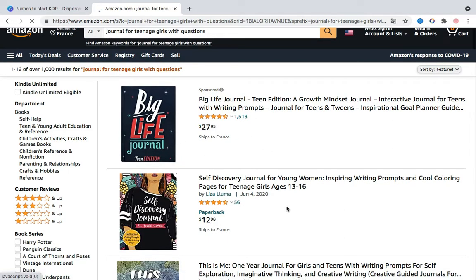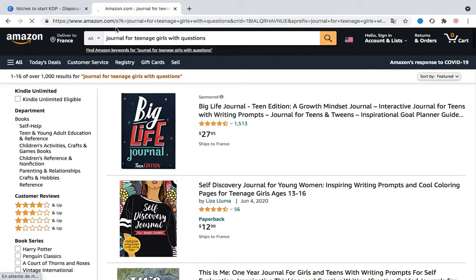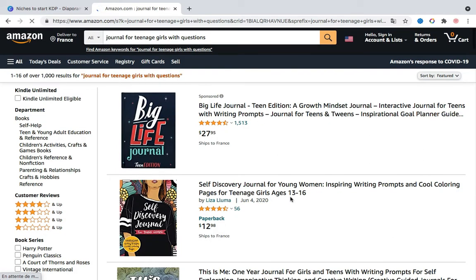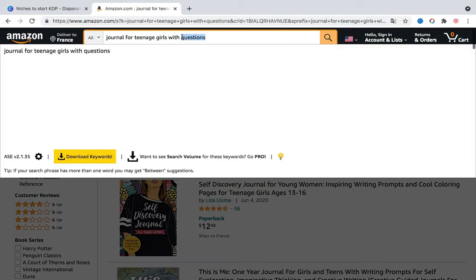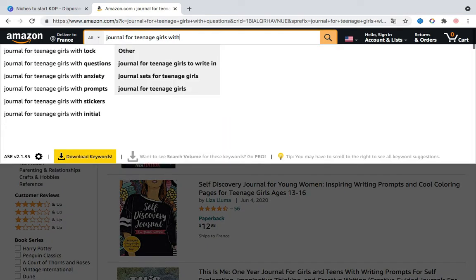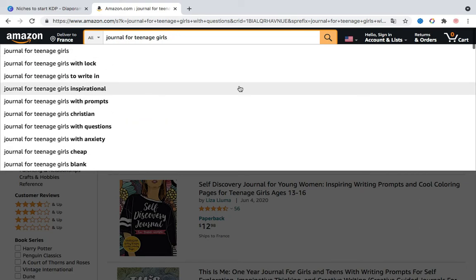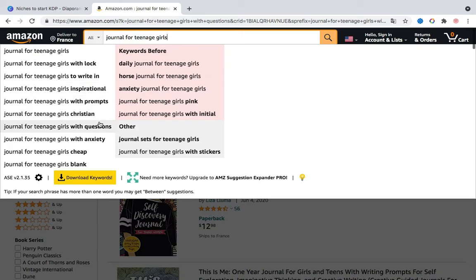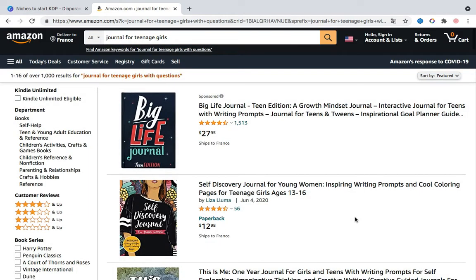The journals here do not correspond 100% to this word, so it means that you can publish a book called Journal for Teenage Girls with questions, and in the subtitle you can put for anxiety, for Christian inspirational things, for Christian girl, and add cheap in your keyword, because this can be included in there.